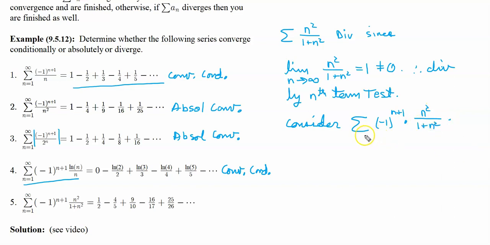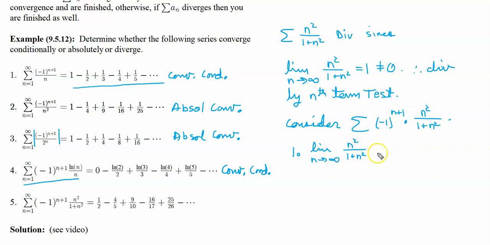Now since this is an alternating series, because of that negative term, we would hope we could apply the alternating series test, but we can't. And that's because if we remember, the first condition of our alternating series test is that the limit as n goes to infinity of our a_n terms must equal 0.